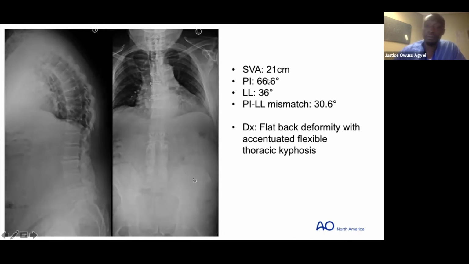When you do his measurements, he has an SVA of 21 with a significant pelvic incidence of 66.6 with a lumbopelvic mismatch of 30.6. So this gentleman has pretty significant flat back deformity with an accentuated flexible thoracic kyphosis.